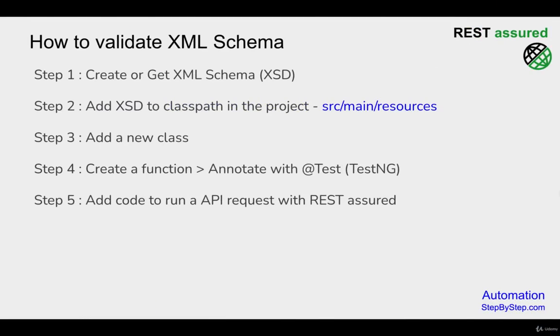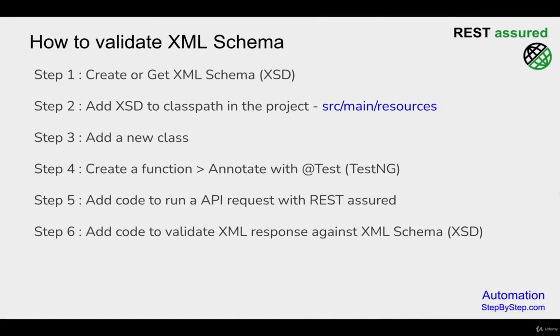Now the next step is I have to add the code to validate the XML response against the XML schema, or the XML schema definition, and the code is this. I can say assertThat body, and I can use the function matchesXsdInClasspath and give the XSD file, and because our calculator.xsd is in the class path, I can just mention the file name here.